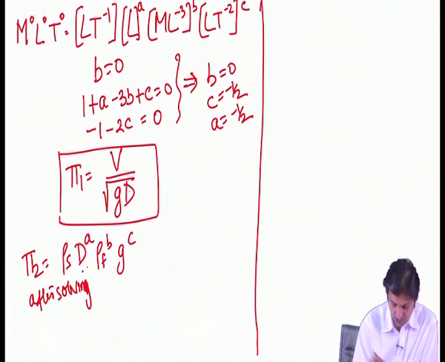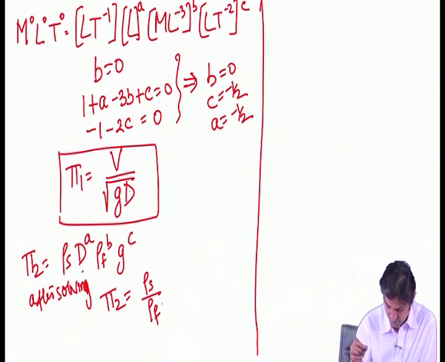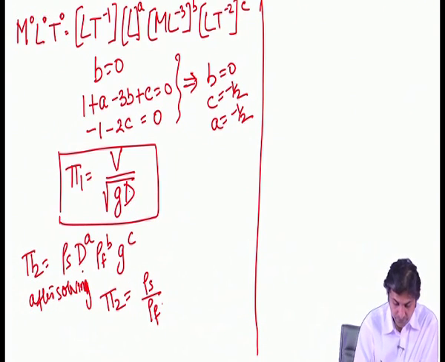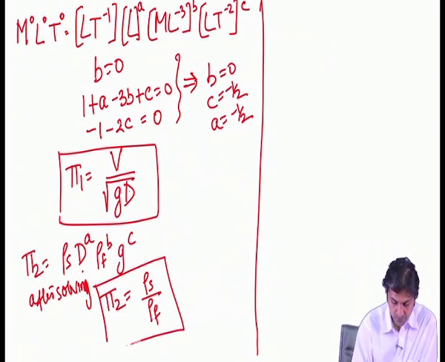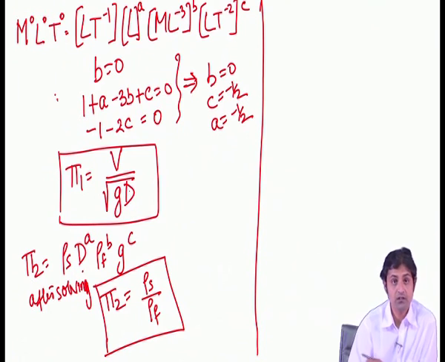After solving, we can simply get pi 2 is equal to rho s by rho f. You can solve this using the same procedure given here. Okay.